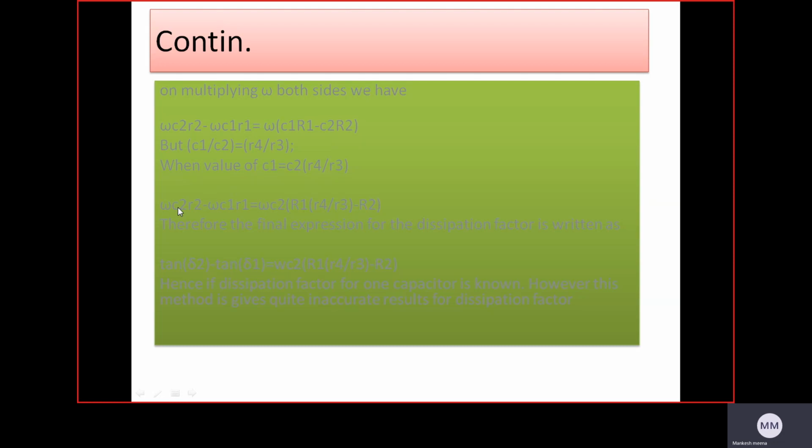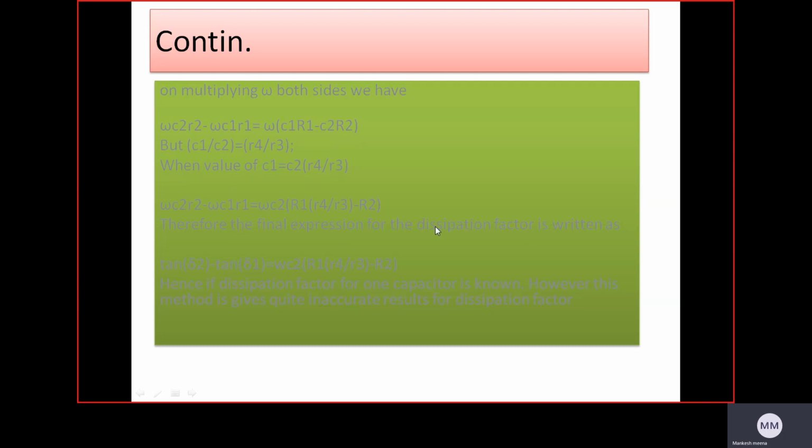We have omega C2 r2 minus omega C1 r1 equal to omega C2, taking C2 common, multiplied by R1 r4 upon r3 minus r2.